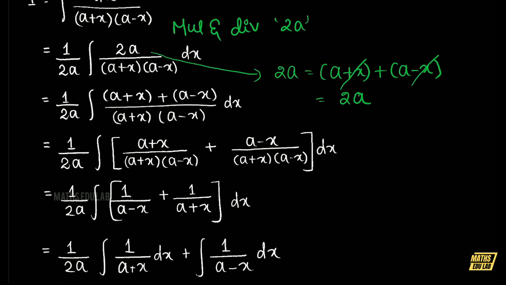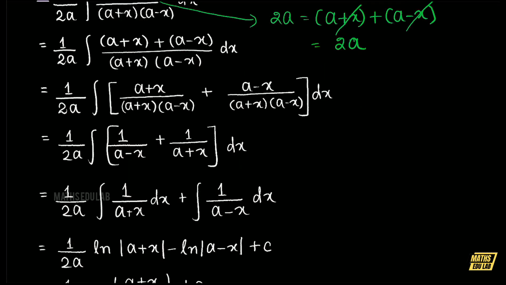Then just split out the values, that means a plus x upon a plus x, a minus x plus a minus x upon a plus x, a minus x dx. So here, a plus x and a plus x will get cancelled out and the remaining will be a minus x, that means 1 upon a minus x.